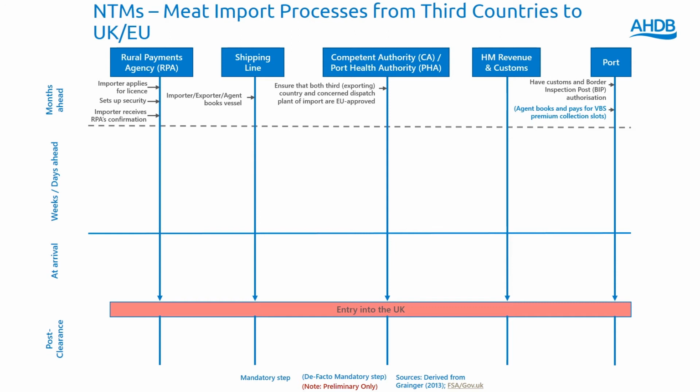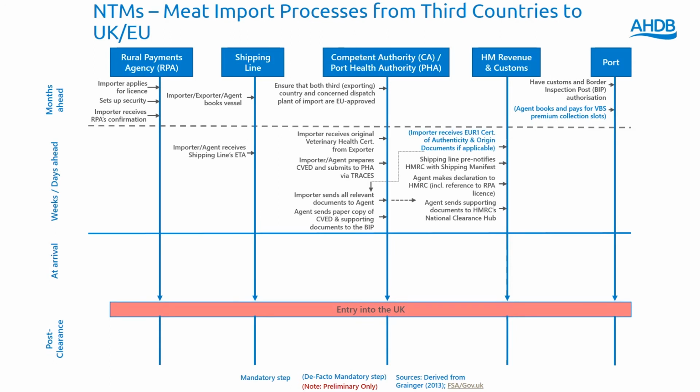And also in terms of the competent authority or port health authority level, it's important that where the product is being imported from, if it's Brazil in this case, both the country itself but also the individual plant has received approval. To date, that has been undertaken, of course, at an EU level.